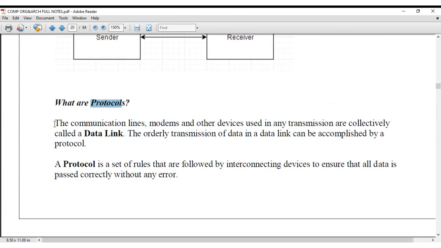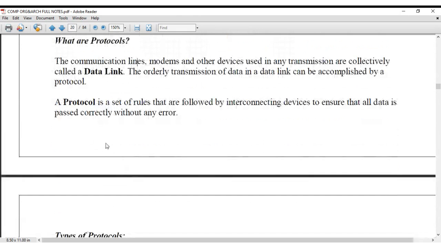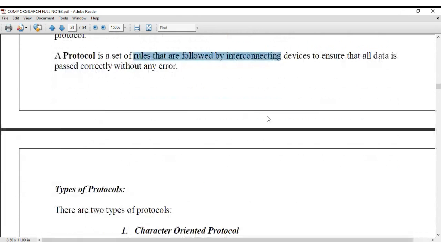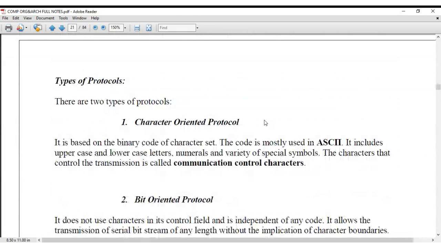Now, protocols are normally there so that we do not likely have hitches when communication is happening. There are standards that govern it such that there is no confusion. The devices that are in communication are recognized, right?